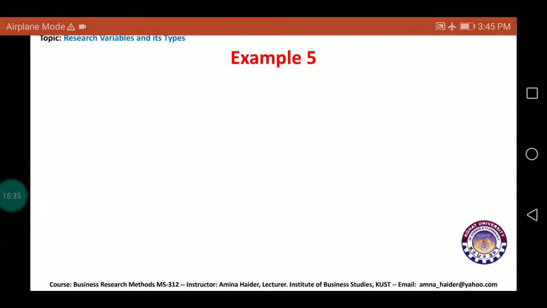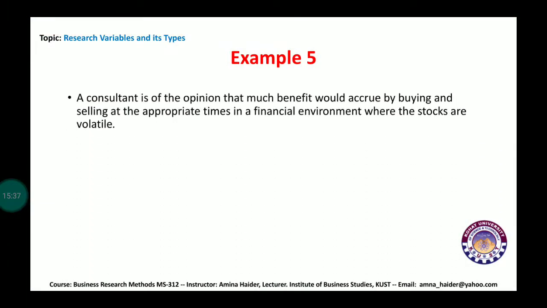So the next example is, a consultant is of the opinion that much benefit would occur by buying and selling at the appropriate times in a financial environment where the stocks are volatile.